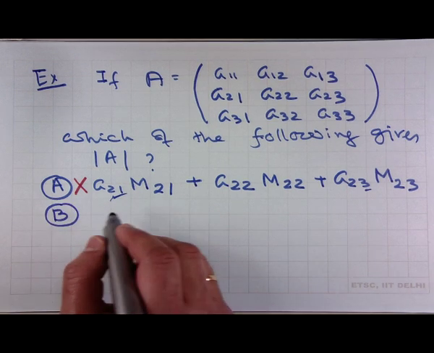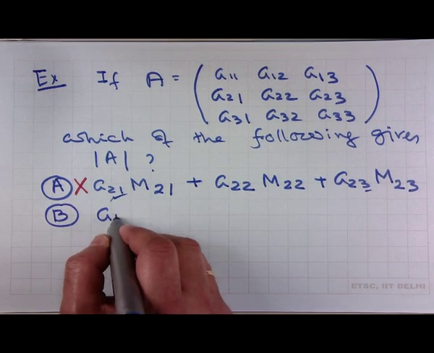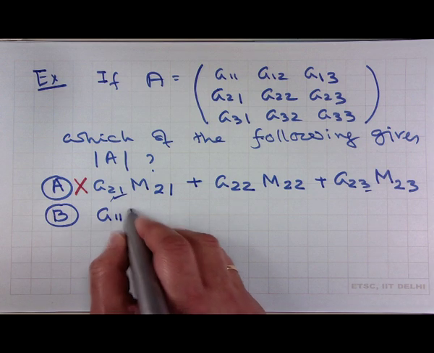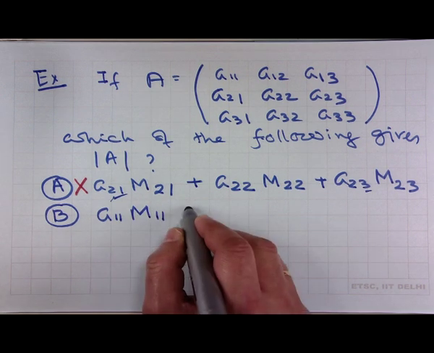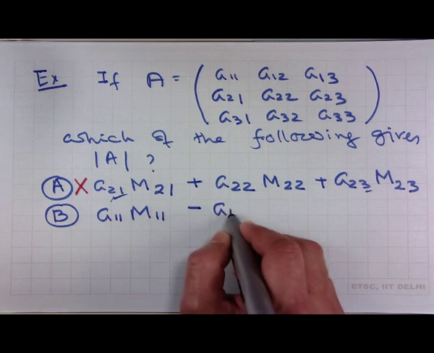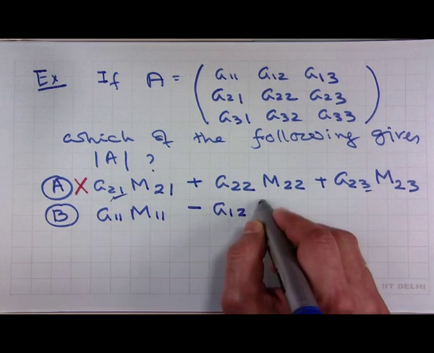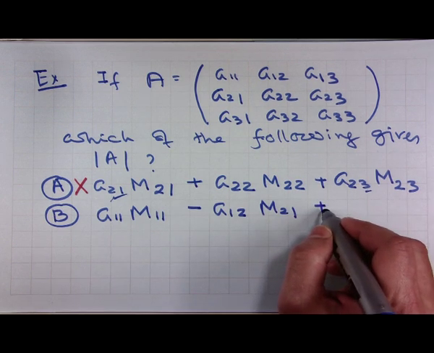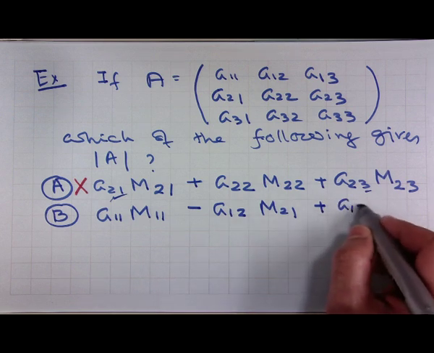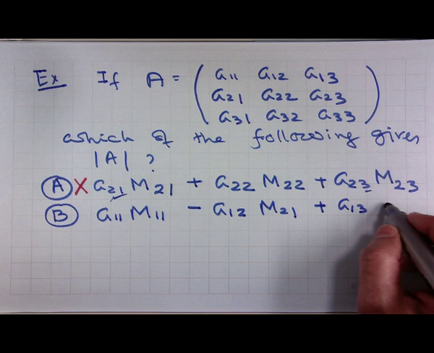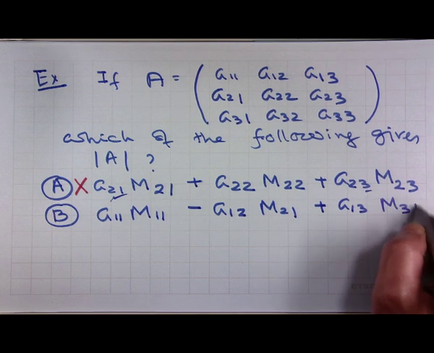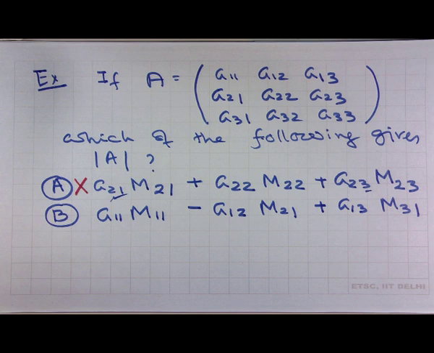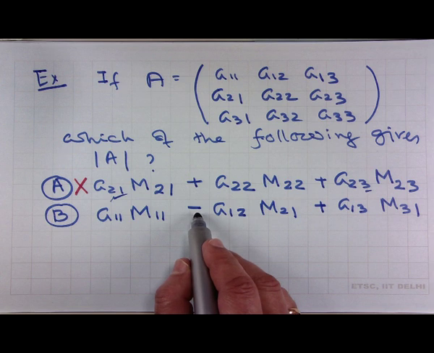Option B: A11 into M11 minus A12 into M21 plus A13 into M31. As we can see, it has taken care of the sign.